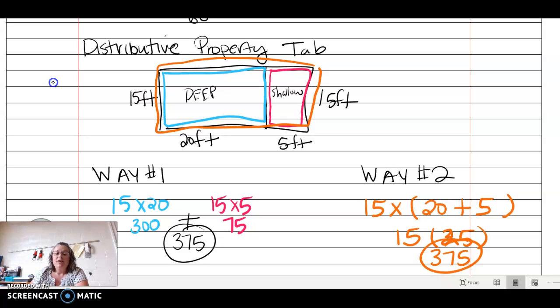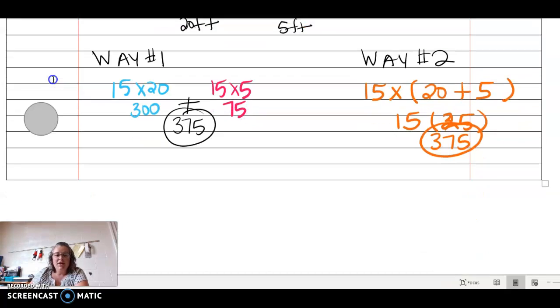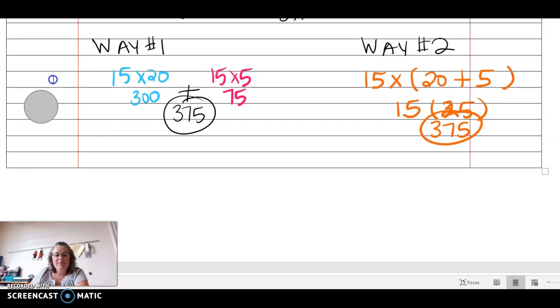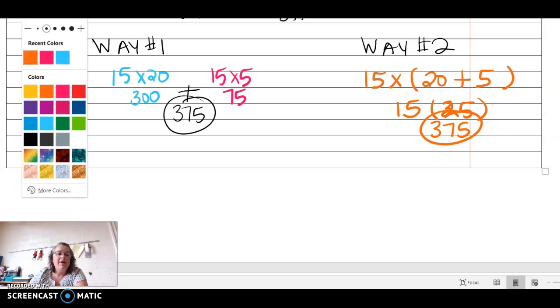Again, so we have two very different ways of thinking about it. And in fact, I'm going to pick the blue color. One way we can say this, way number 1 happens to be the expanded form.